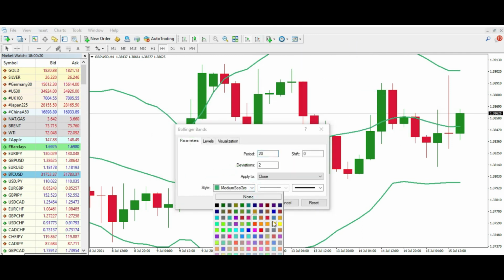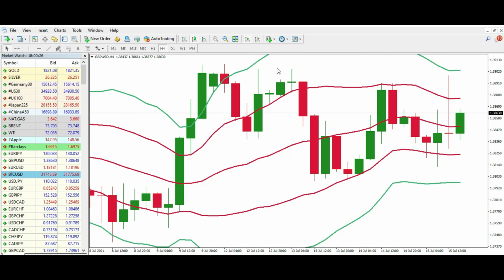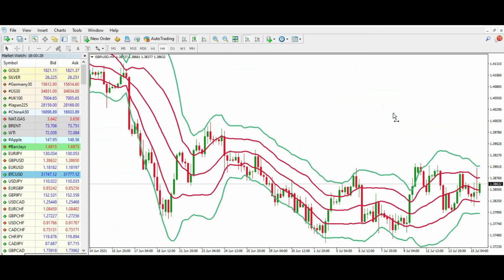I will change the color to be, for example, red. 2 and 1, and now it looks like this, and this is similar to the alligator indicator, but in this way you can tell that if the price is above the middle line and, for example, between the upper band and the two upper bands, we can talk about some strong bullish trend, and if the price is in the 2 lower bands, we can talk about a bearish trend.